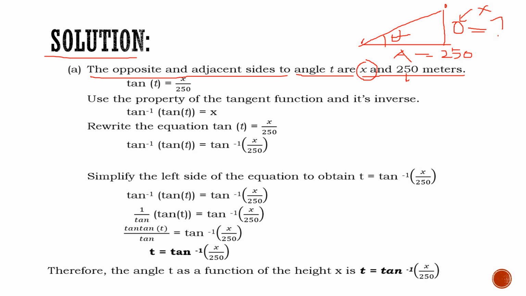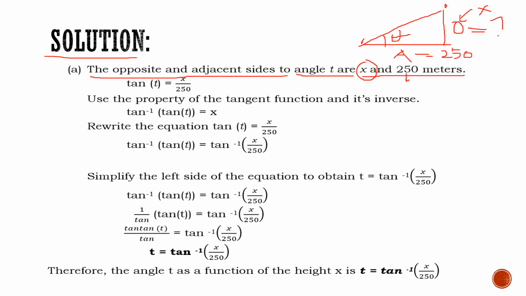Now, we use the concept of SOHCAHTOA, wherein if there's an involvement of the tangent of an angle, that tangent is equal to the opposite side over the adjacent side. Since there is a given value for the adjacent side, we can actually use the tangent function from your trigonometry.